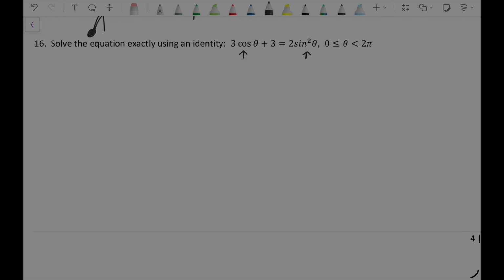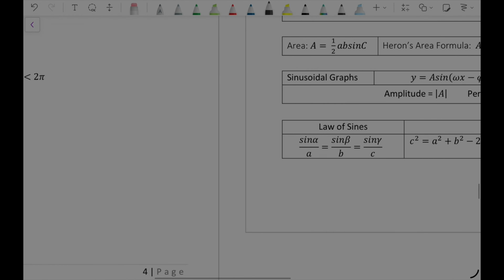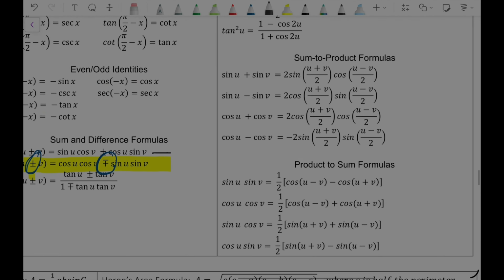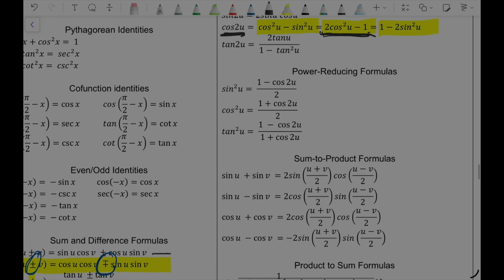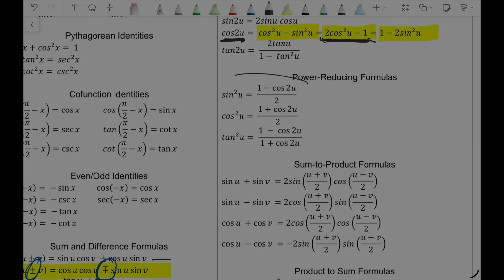Oh, they were quadratic in nature. Or maybe it was just a single trig function and we just had to visualize the unit circle. So if I want to, say, convert these all to cosines, I could change sine squared to, let's see, what could I change? Sine squared right here. Oh, but then I have a 2 theta.